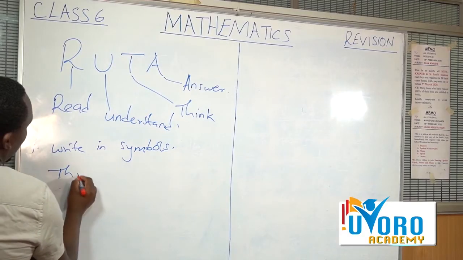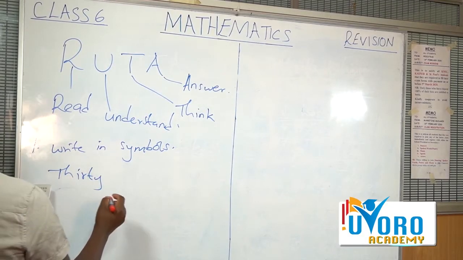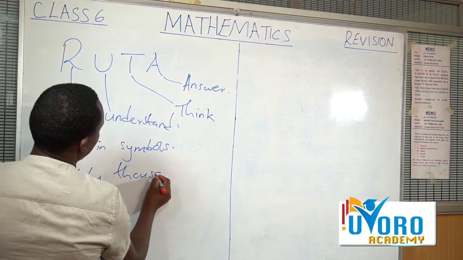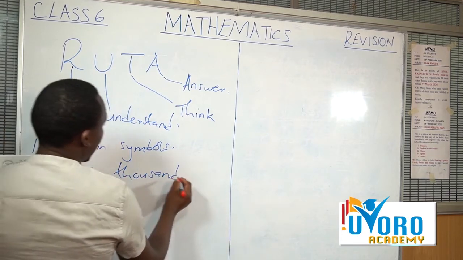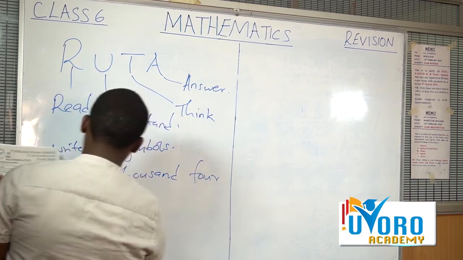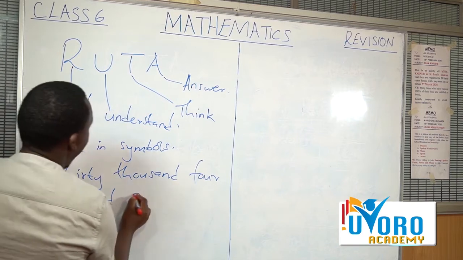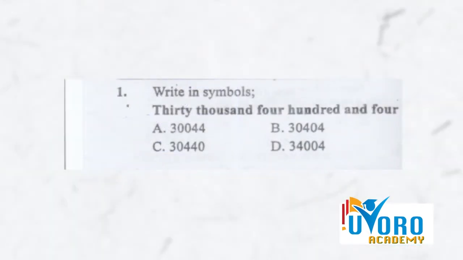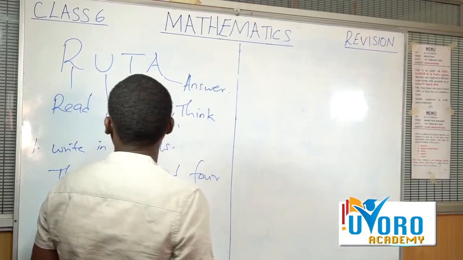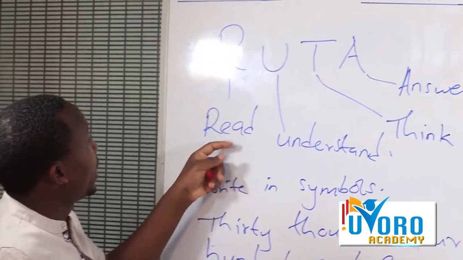So, the question reads, what is 30,000 404? 30,404. Let's all of us read. Write in symbols 30,404.